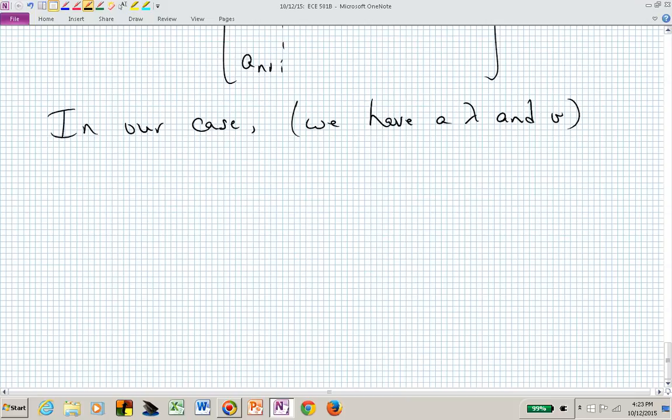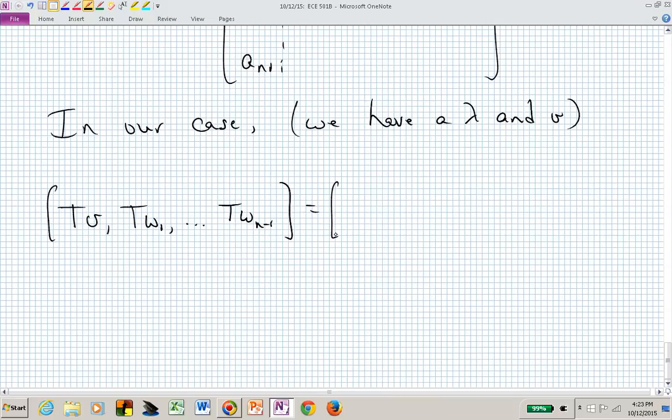Let's build up and add on n minus 1 more linearly independent vectors to form a basis. We will call those additional vectors w1 through w sub n minus 1.